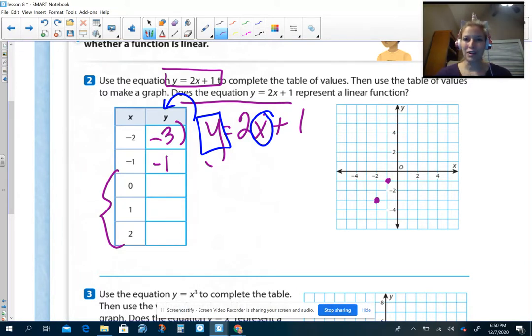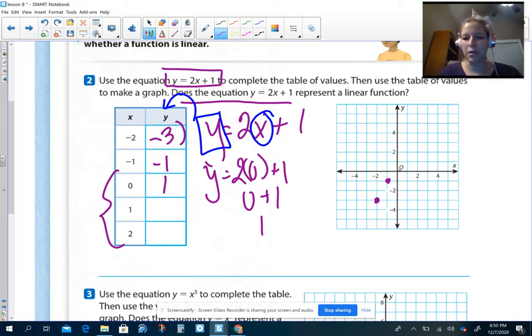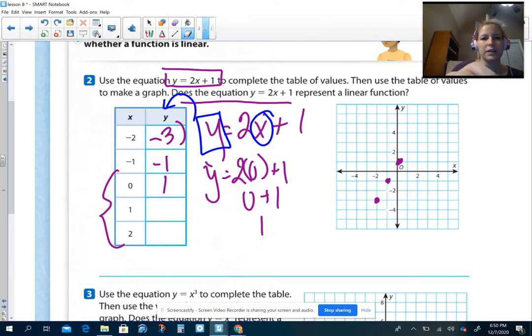Okay, did you pause? Did you finish? Okay, let's see, because I'm going to go through the rest. Let's see how we did. 2 times 0 is 0, and plus 1 is 1. So let's graph that. 0 and up 1 is right here. Okay. Let's keep going.